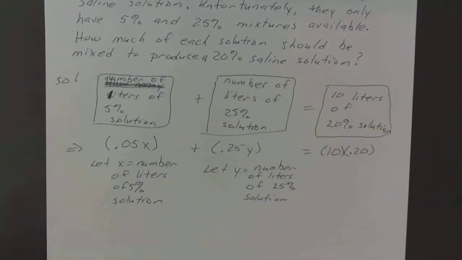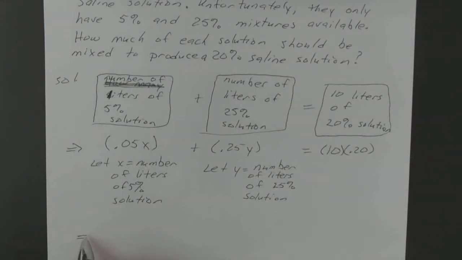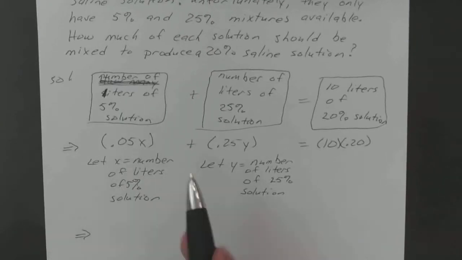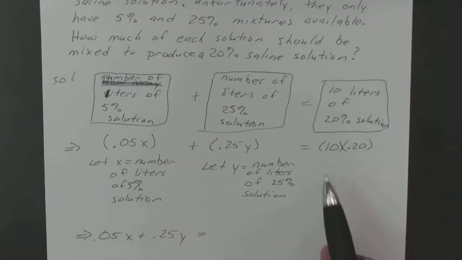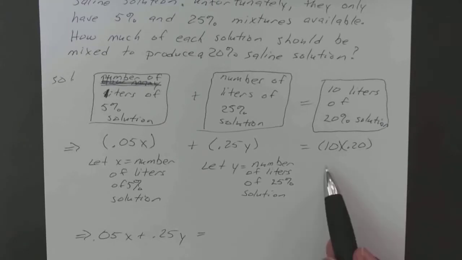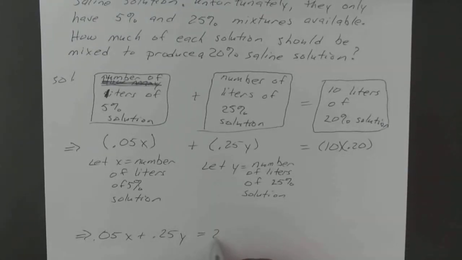So we have our first equation: 0.05x plus 0.25y equals 10 times 0.20, which is 2.